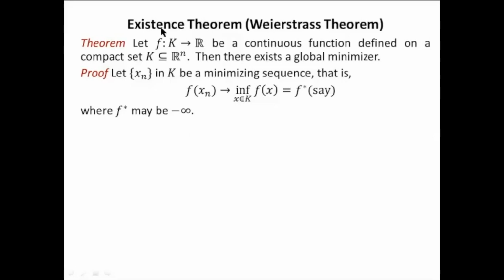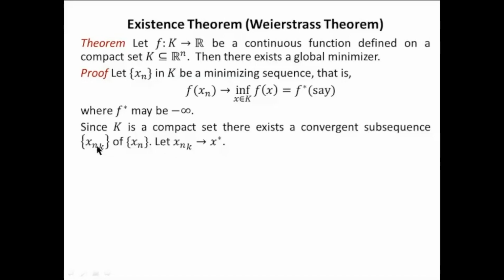Now, this function is continuous and the set K is compact. So when I look at these points x_n, they are in K, and K being compact, we can extract a subsequence which converges. Let me call that subsequence x_{n_k}, and let us say the subsequence converges to x star.